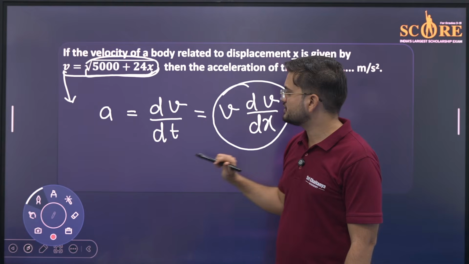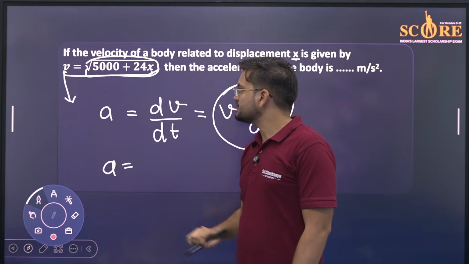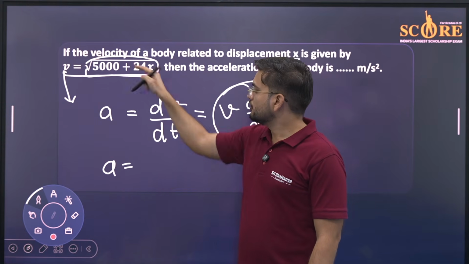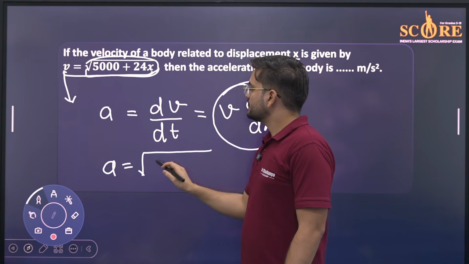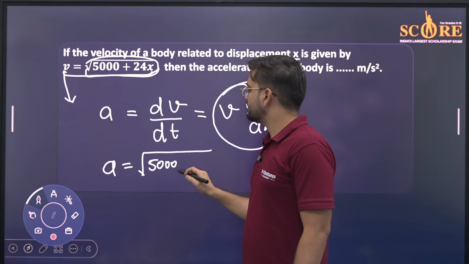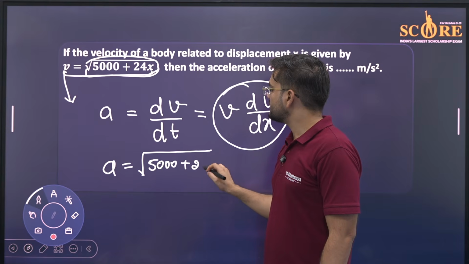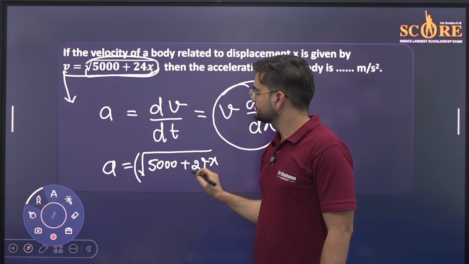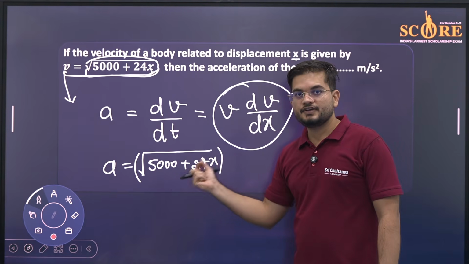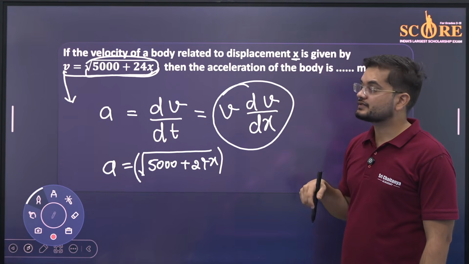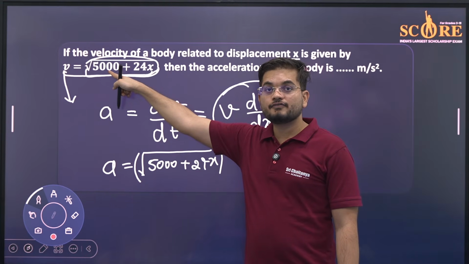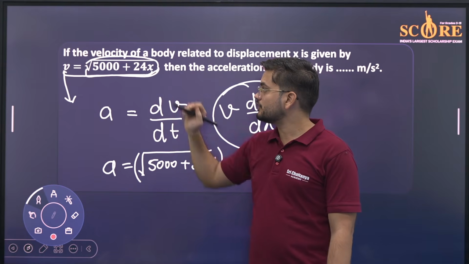So if we use this formula for acceleration, we should write root of 5000 plus 24x, v, and dv by dx, differentiation of velocity with respect to x.